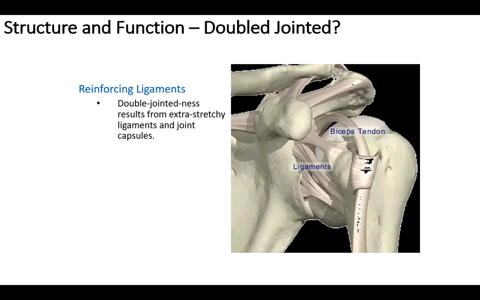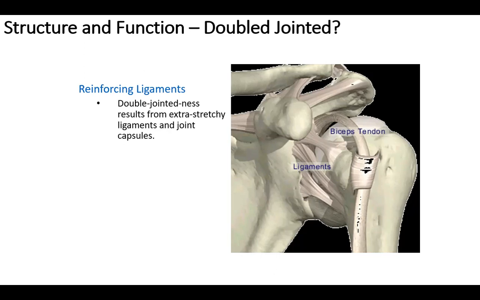One of our sons is like that. He's extra stretchy. The other one isn't. But all it is is extra stretchiness. Is it worth getting into an argument over? No, it's not worth that.